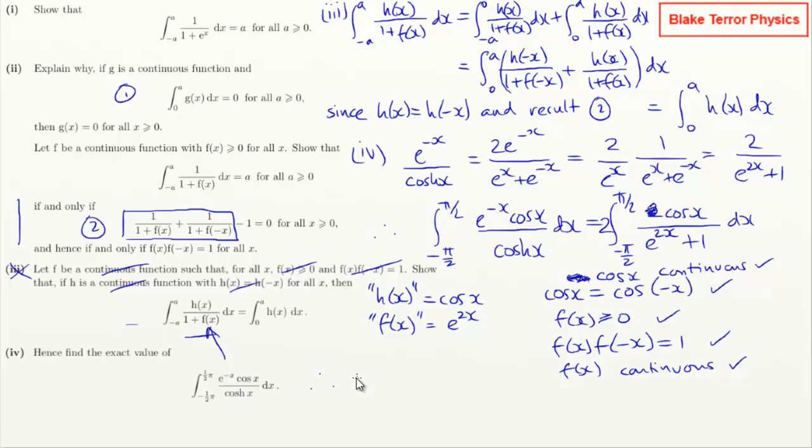Therefore, I've got that this integral here is equal to 2 lots of the integral from 0 to pi over 2 of just h of x, which is cos x dx. So that's going to be sine x from 0 to pi by 2. So that's going to be 1 minus 0 times 2 is 2. So that's come out quite a nice number.